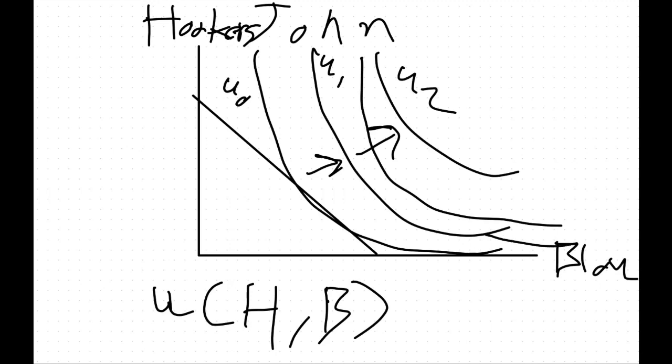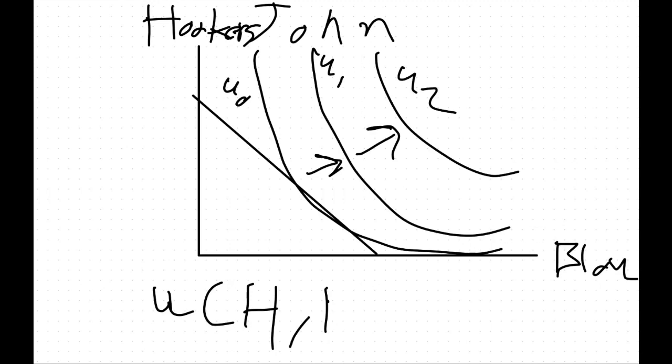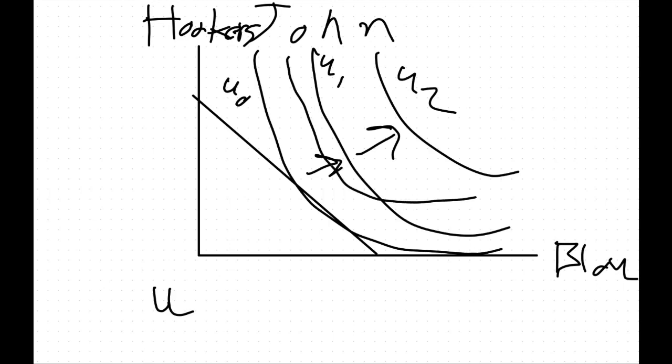Okay, so the big rules for utility functions are really these. First of all, U0, U1, U2, when you think about it, these functions can't cross. You can never have indifference curves crossing like that, right? Because what you're saying then is, at this point, because these are different indifference curves, let's call that U.5, I guess.